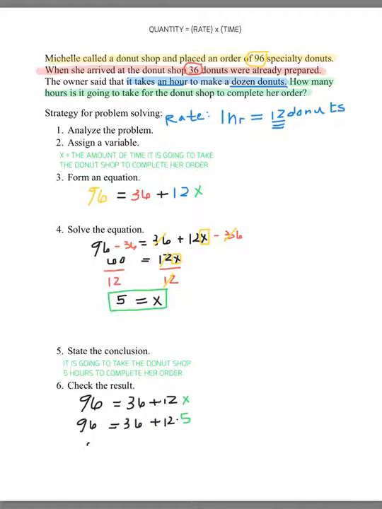On the left, we simply have 96, so we'll bring that down. And on the right, we'll have 36 plus 60. Simplifying the right-hand side of the equation, 36 plus 60 gives us 96. So we have a true statement, and therefore our solution is correct.